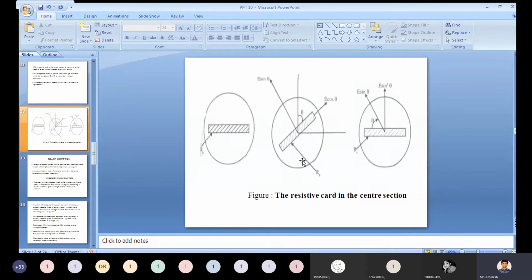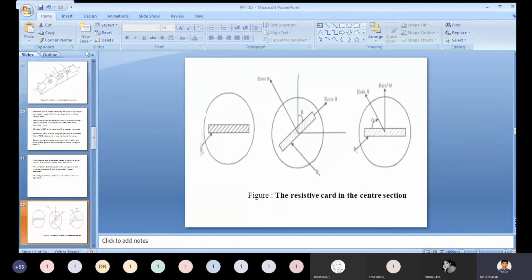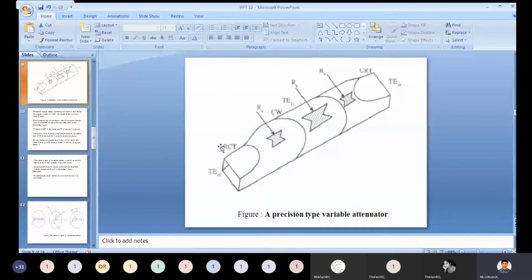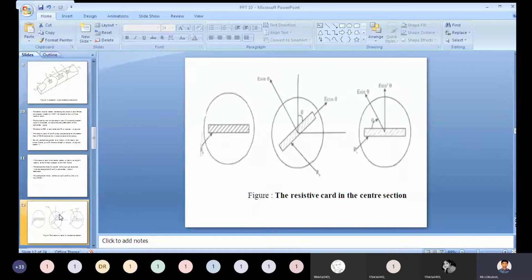You need to see that in the diagram, from the circular to rectangular, rectangular to circular. This is the resistive chord in the center section, and from this we represent the angle theta.